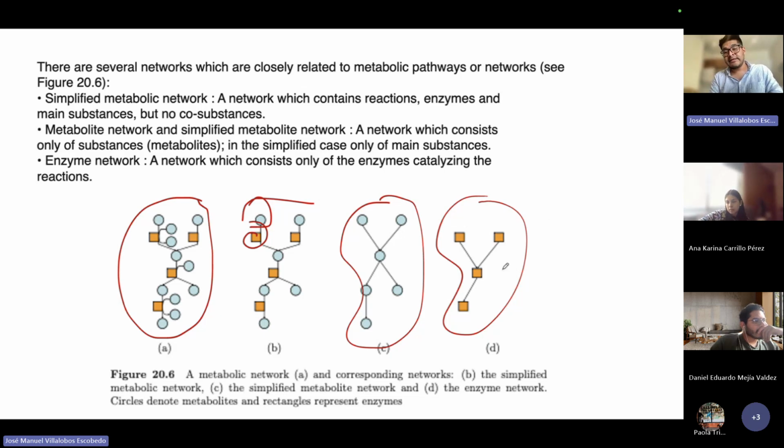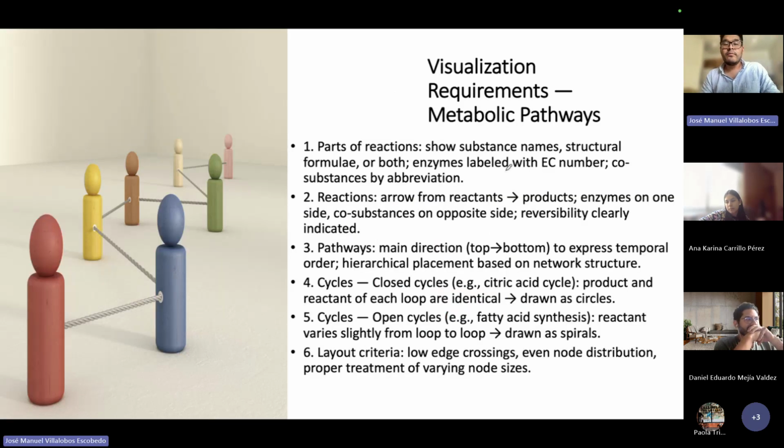For example, in genetics, we usually use this kind of network where we are checking the position of the enzymes in the different parts of the reactions. So usually we try to represent this kind of network using codes like an EC number.